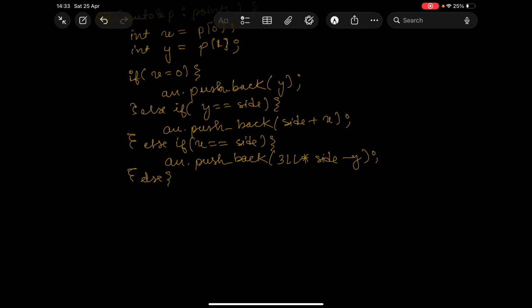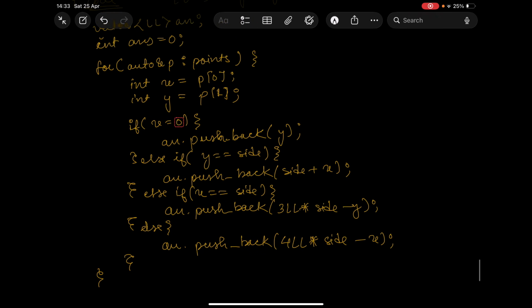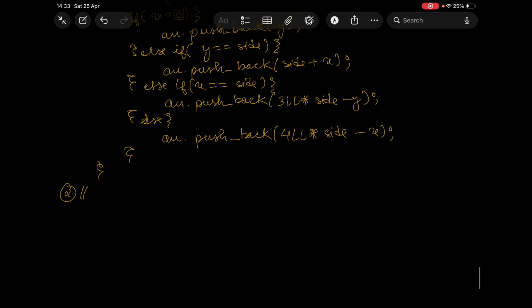Else, that is the last case where basically y was 0, in that case 4ll into side minus x. So this is the first step that is done. The second step was sorting this to get all our points in a sorted array. So we will sort array dot begin.